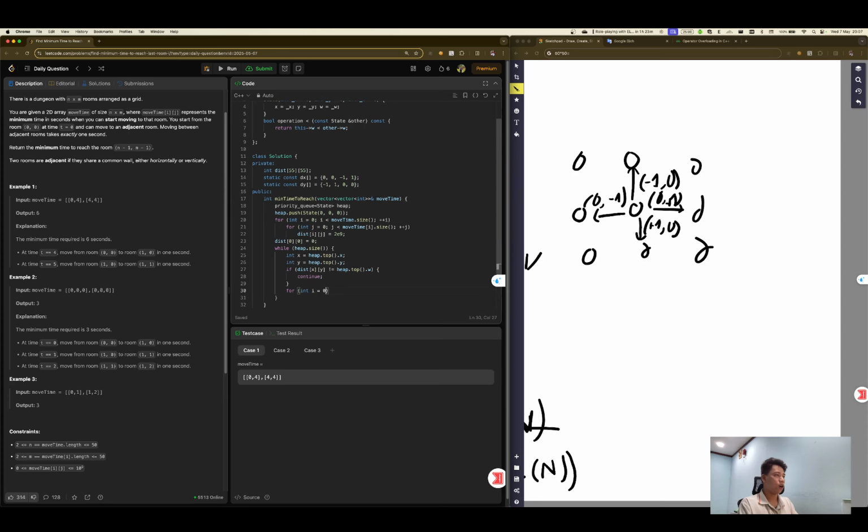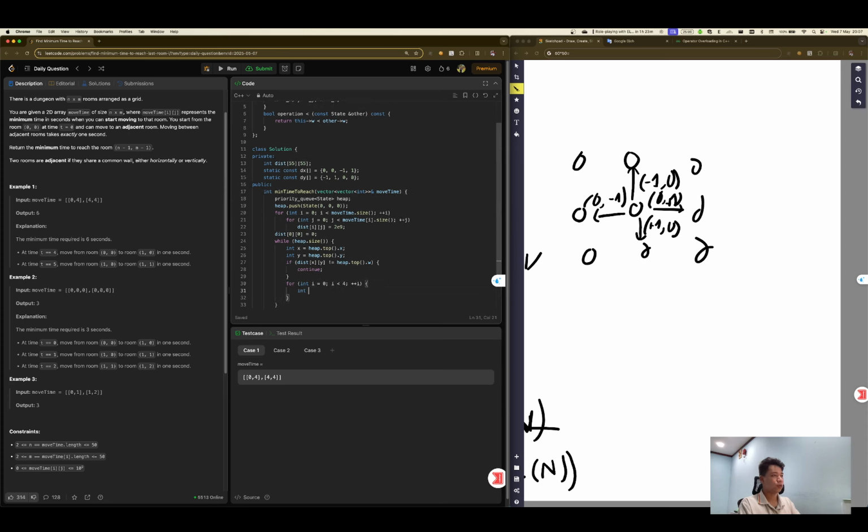We loop on the four directions, and the next room coordinates are x plus dx, y plus dy.